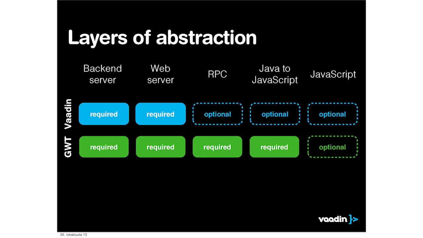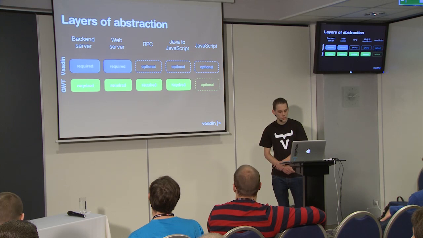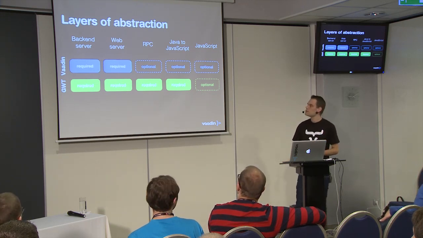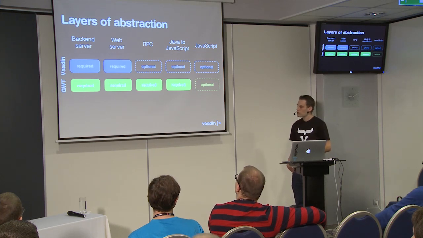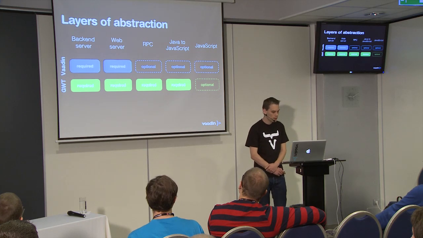You implement the backend, and you write the UI code in the web server. So you don't need to implement the communication or the client-side code if you don't want. As you can see, you don't need to write much code to create an application with Vaadin.